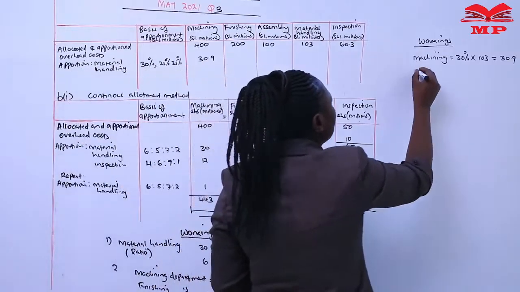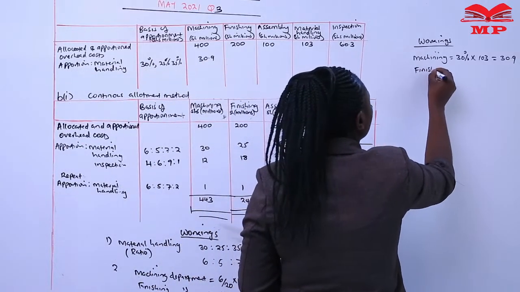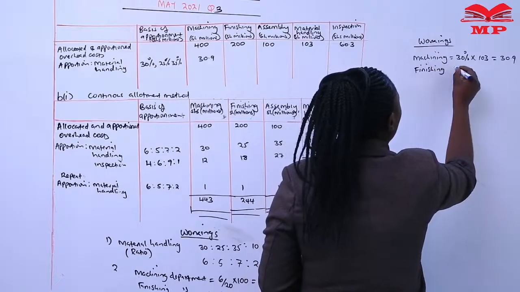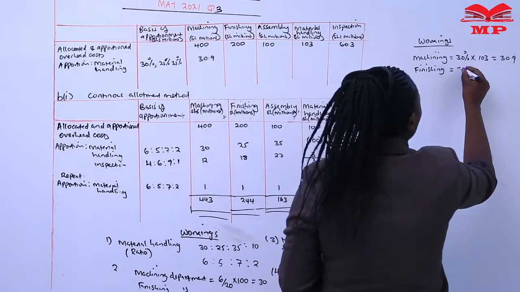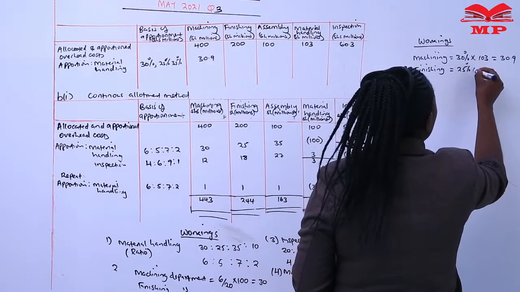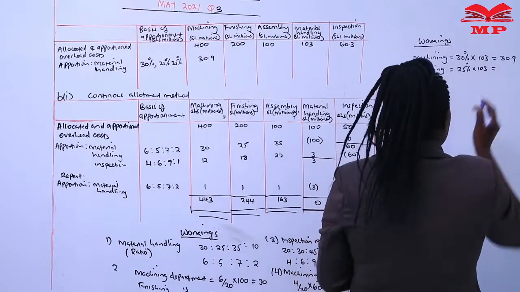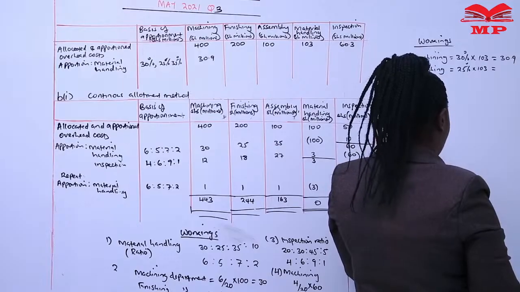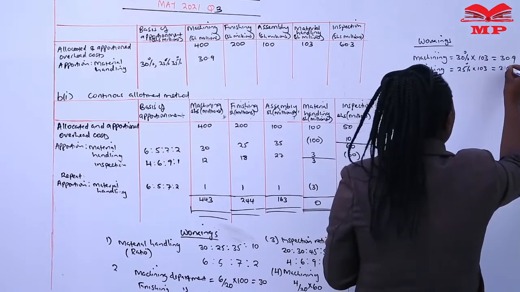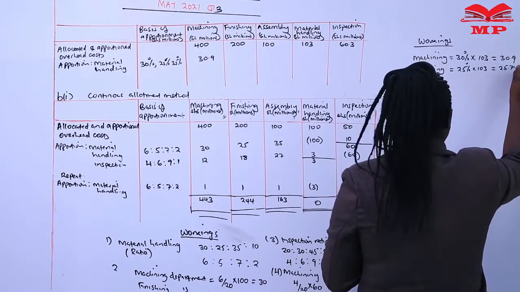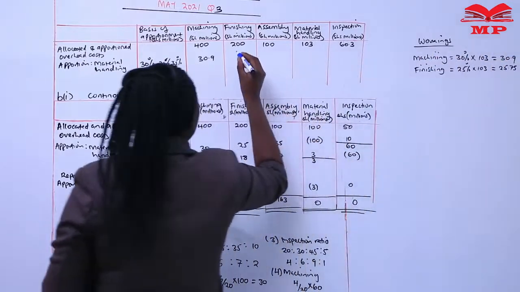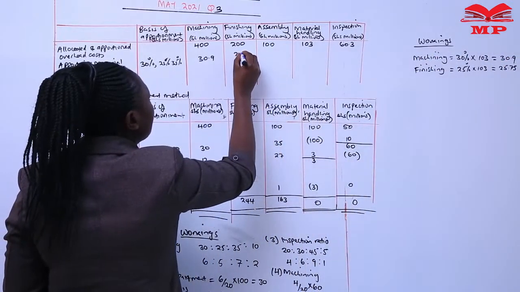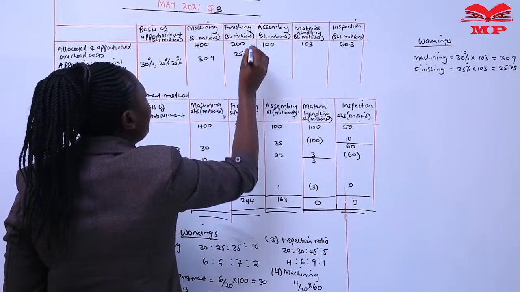Then finishing will be equal to 25% multiplied by 103, which equals 25.75. So we'll apportion 25.75.